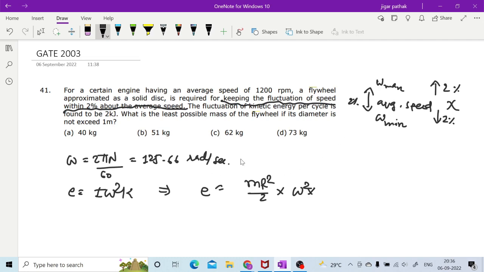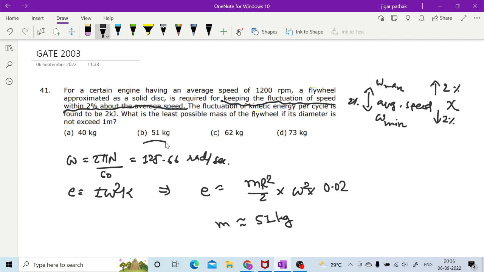So for the data given here, the k will be 2% only, so that is 0.02, right? When you put all the data here, you are going to get m equal to 51 kg, because all other data except mass is given to you.